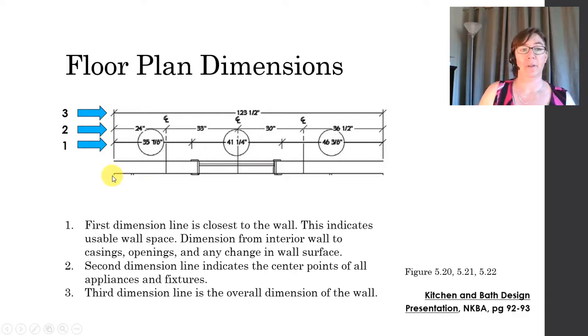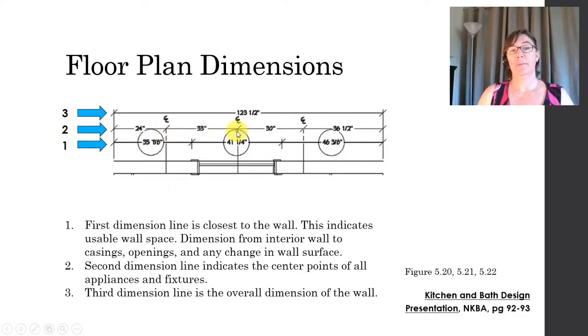So we're going to start, this is where the wall turns, makes an L, by the way, at the interior corner, and you're going to dimension to the interior of this casing right here. So we're dimensioning any casings, any openings, any changes, jogs in the wall surface. So clear and usable wall space.